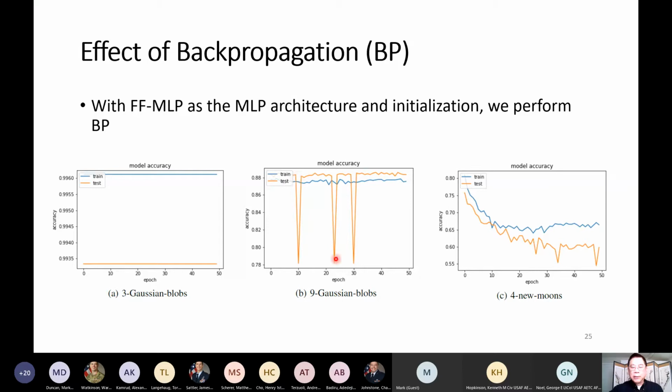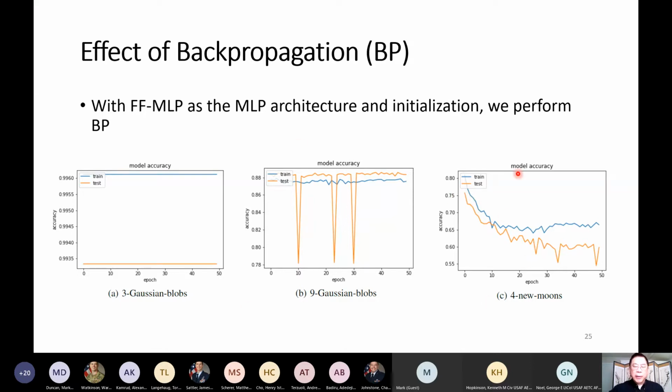That's very severe. It means BP does not really help and sometimes hurts. And this is another case, the four new moon case. The FIT4 MLP is at epoch 0, and when you do more BP, the performance drops, both training and testing.